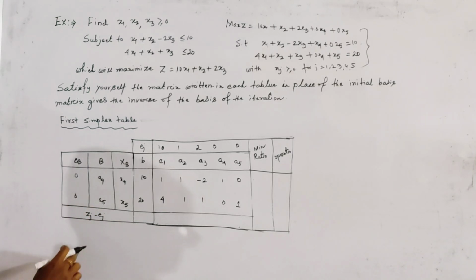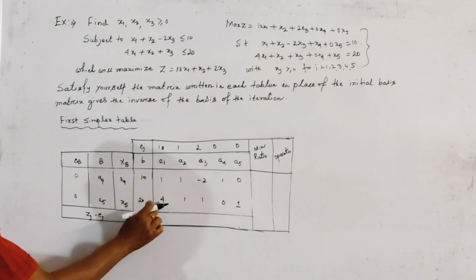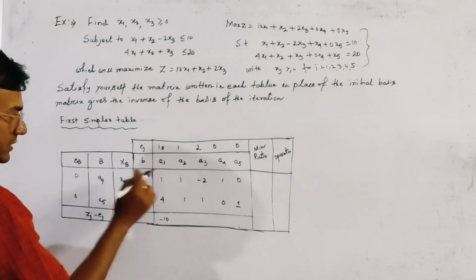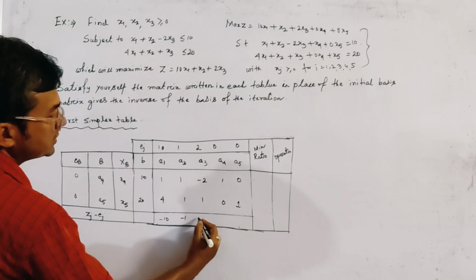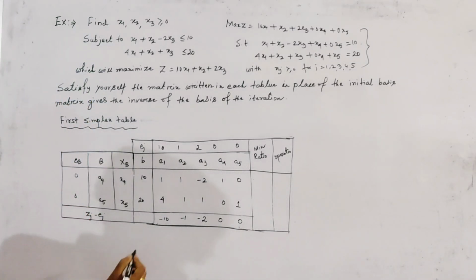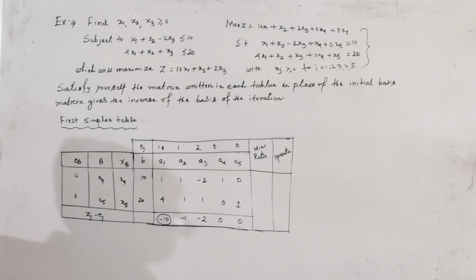Now we calculate the net evaluations Zj minus Cj. Zj minus Cj is 0 into 1 plus 0 into 4 minus 10, which is minus 10, and this is obviously minus 1, this is minus 2, this is 0, this is 0. The most negative value appears corresponding to column A1.